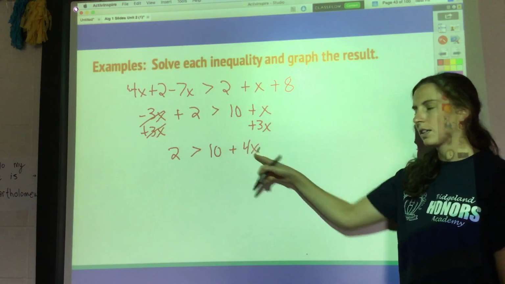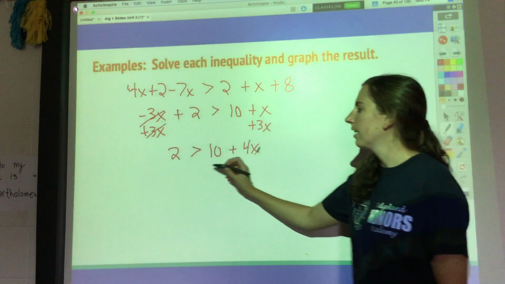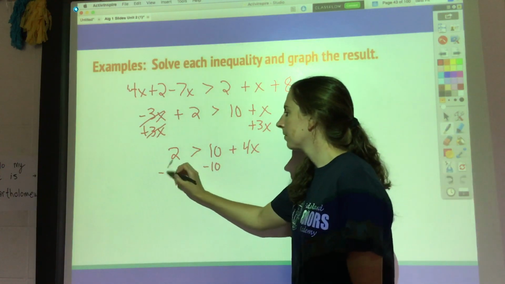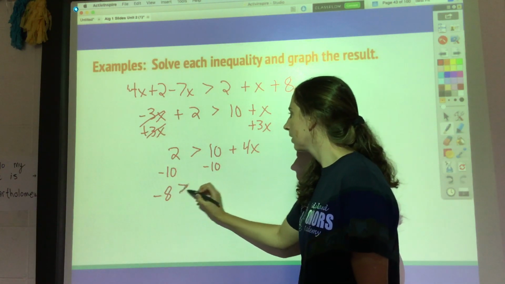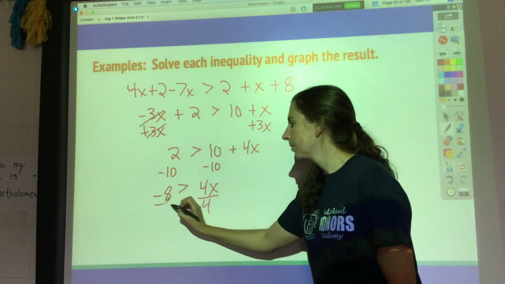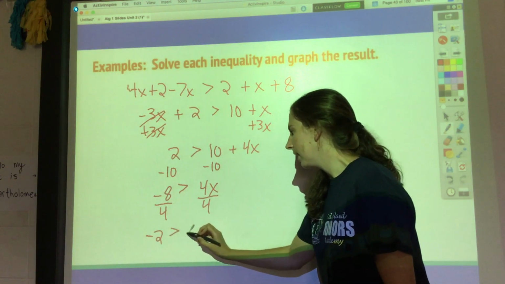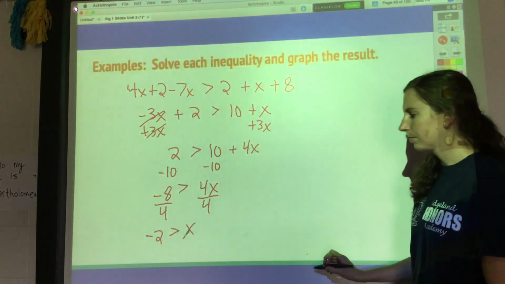Now I've got all my x's combined, and so I'll just move everything away from the x. Subtract 10, and then divide by 4. So -2 is greater than x.